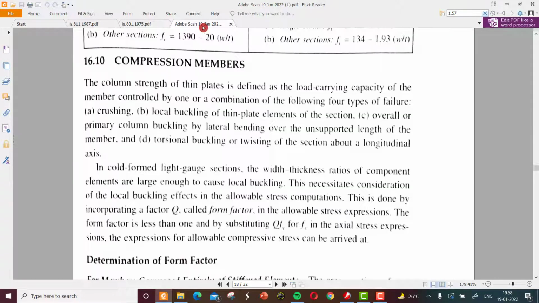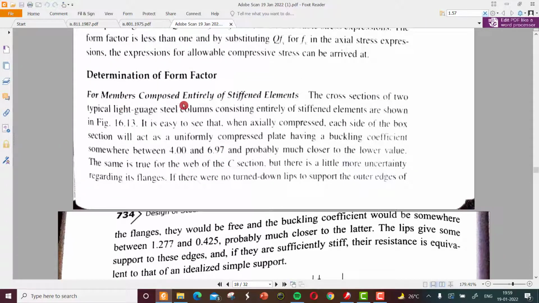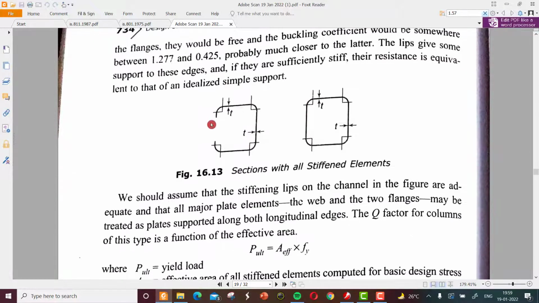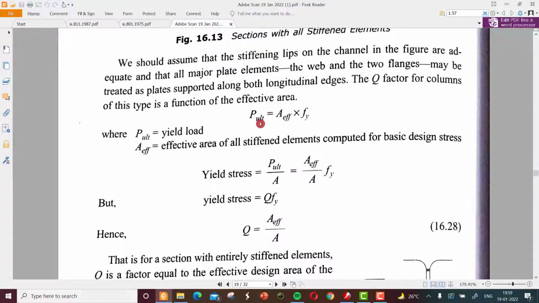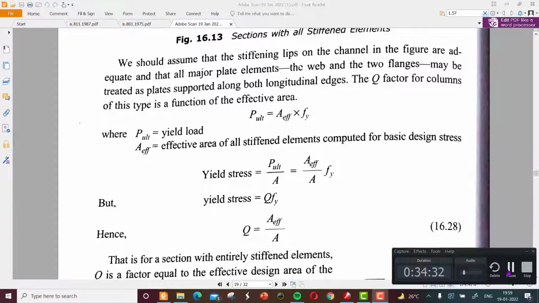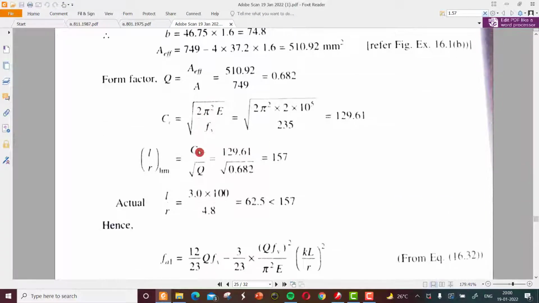So back to that PDF in 16.10 compression members, determination of form factor for the members composed entirely of stiffened elements. So this is the stiffened element. We have actually the P ultimate is equal to A effective into Fy.